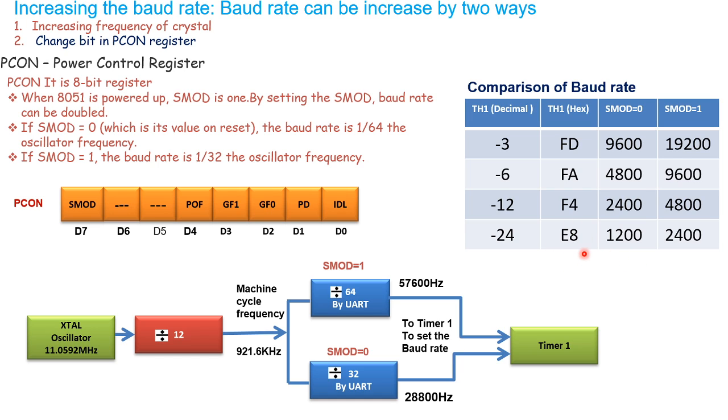The hexadecimal value is this, and when SMOD becomes 1, it doubles. So in this way, by using the PCON register SMOD flag bit, the value of the baud rate gets doubled.